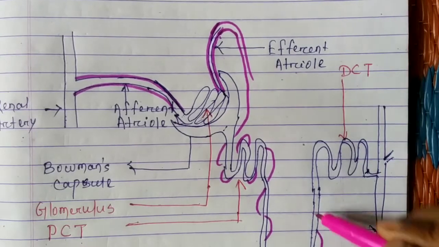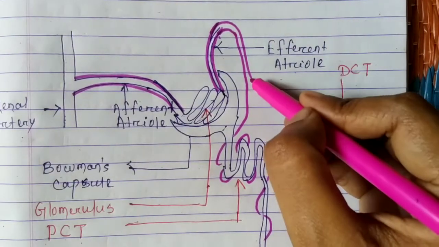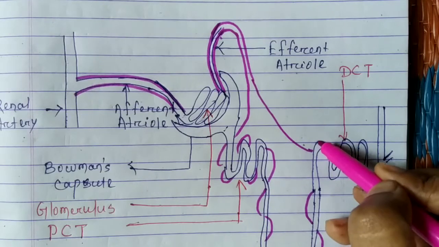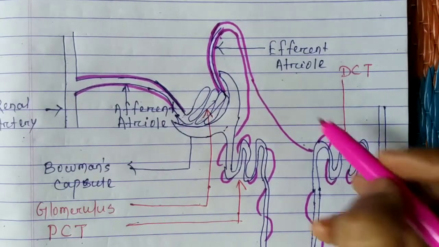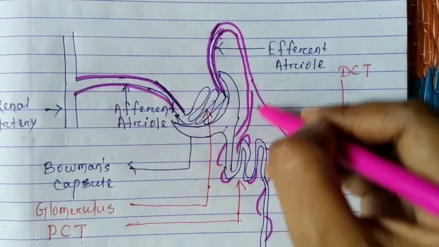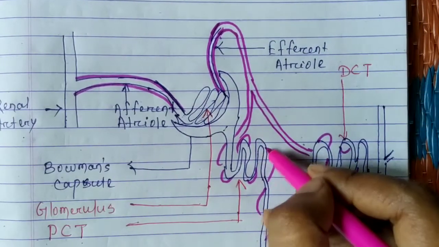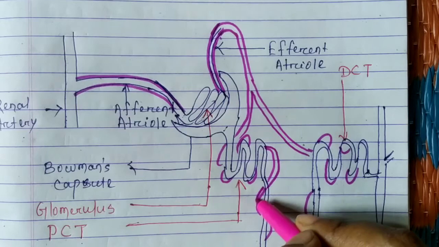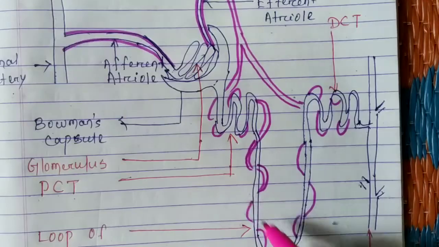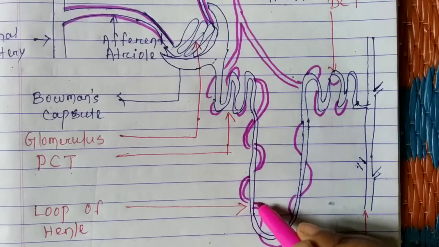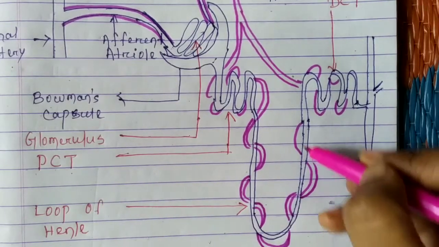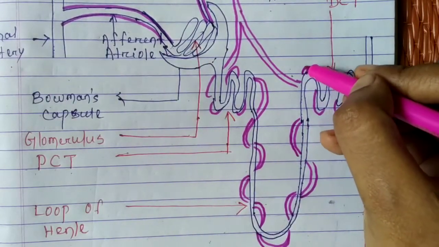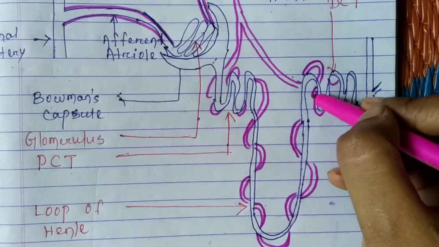They are all connected, and the proximal convoluted tubule and loop of Henle also. So these are connected like this. So these are the arterioles which are connected to the tubules.